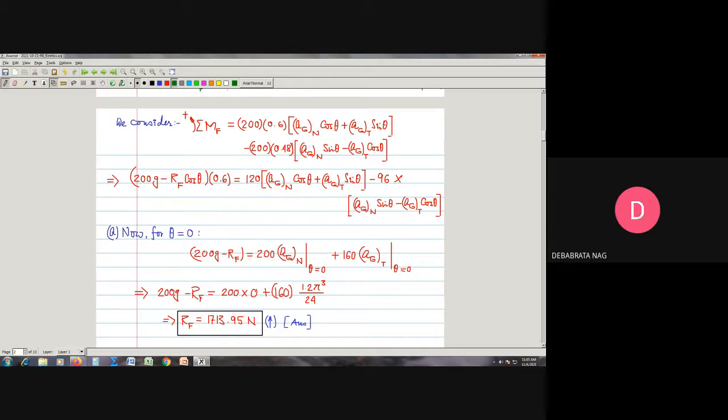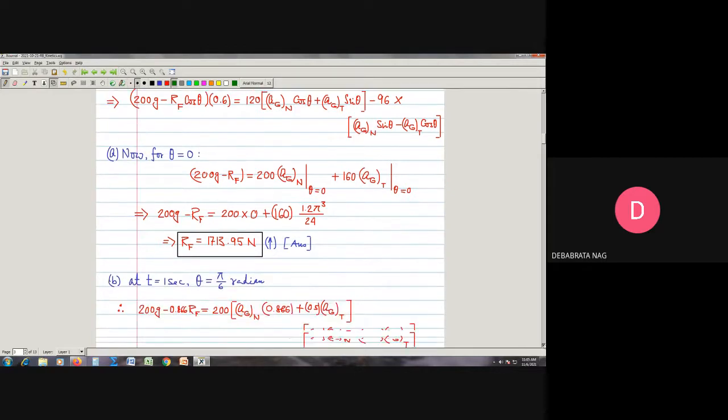This 200 G, it is going to be a little less than that. Now, if we come to discuss the second case for which T is equal to 1 second, you know from our equation, when we put T equal to 1 second, the corresponding value of theta turns out to be pi by 6 radian. That is pretty simple, because you remember theta is equal to pi by 6 whole into 1 minus cos pi t by 2.